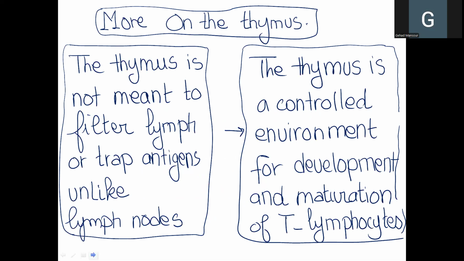More on the thymus. As you know, we usually mention the lymph nodes as important organs in the lymphatic system that are concerned with filtration of the lymph and attacking the pathogens that are present in the lymph. But the thymus is not meant to filter the lymph, and it's not meant to trap the antigens, unlike the lymph nodes.